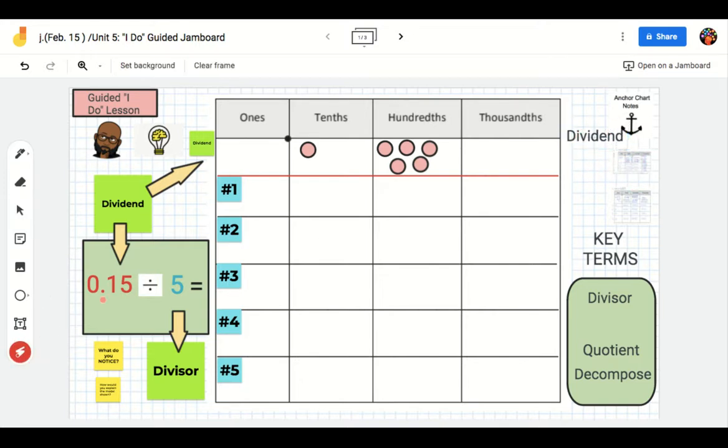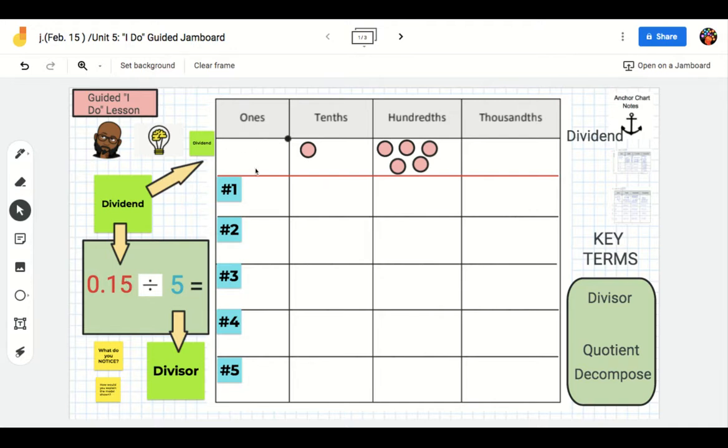The dividend is what you are dividing into to find the equal groups. 15 hundredths divided by 5. That's what this number expression is showing. The dividend is expressed in the first row in our math model using place value.